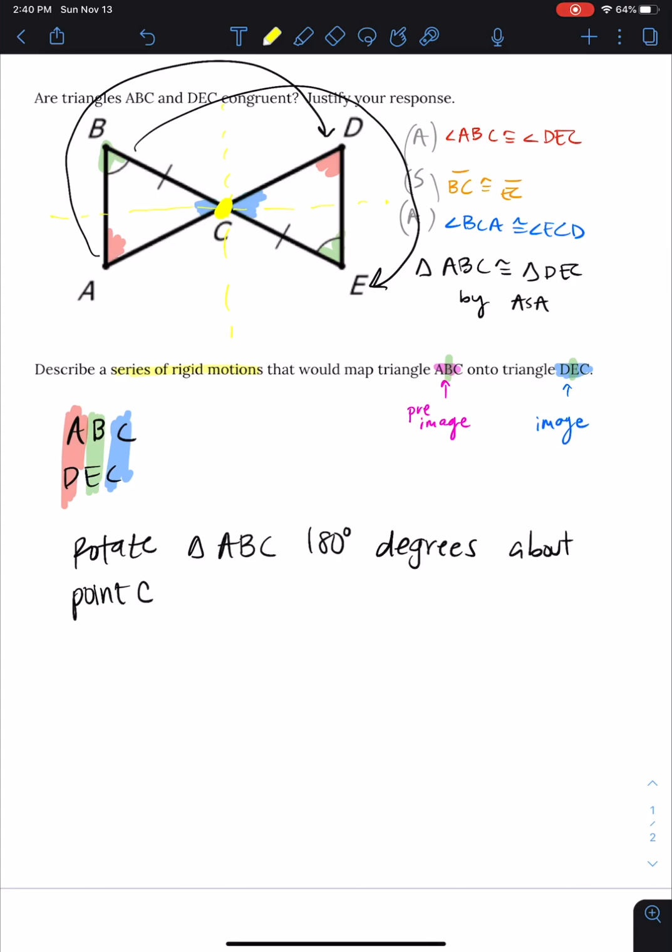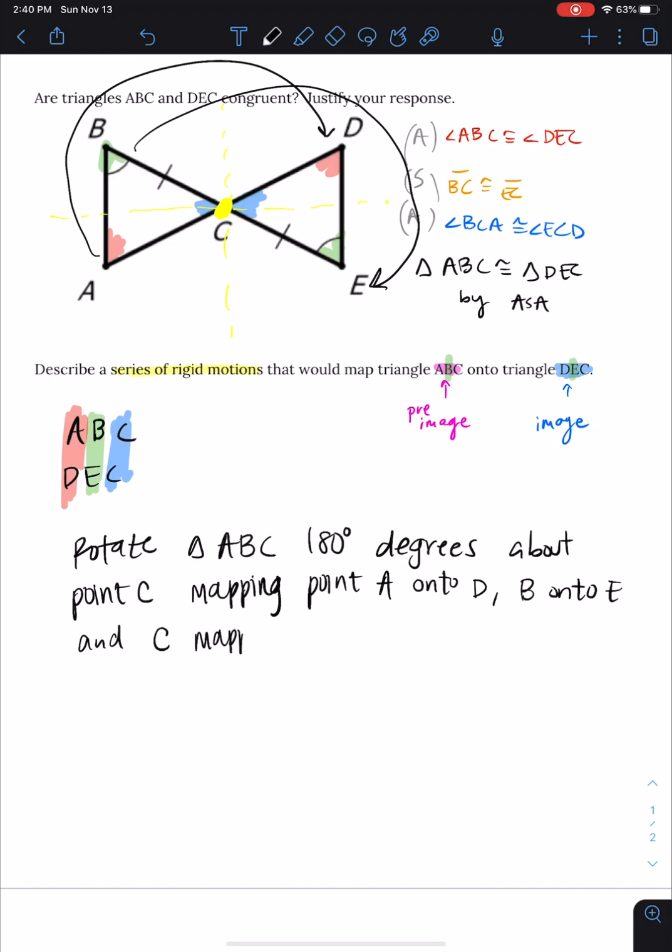Mapping point A onto D, B onto E, and C staying the same, right? And C mapping onto itself and not moving as the center of rotation.